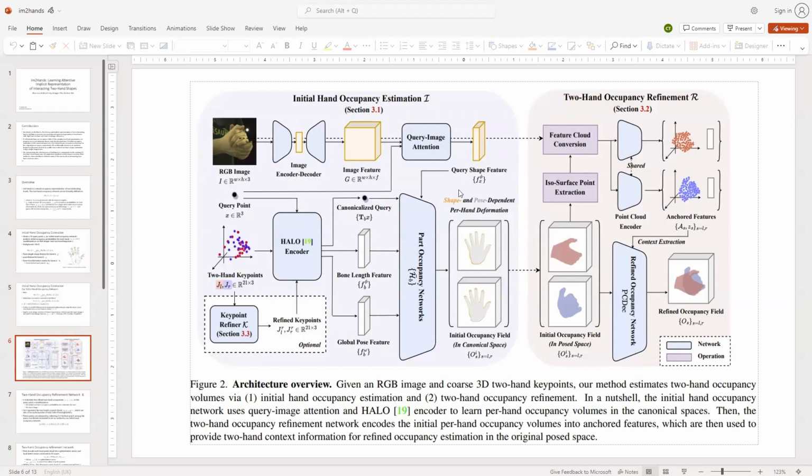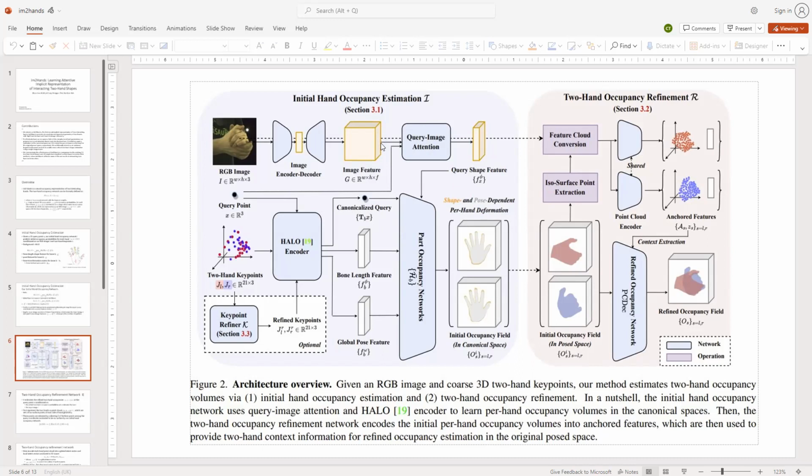So a query point selected from the point cloud would then have to be projected onto a particular 2D map in this F channel feature representation.